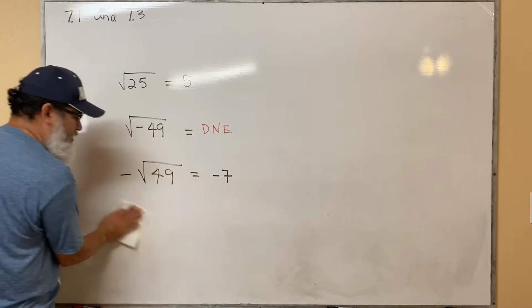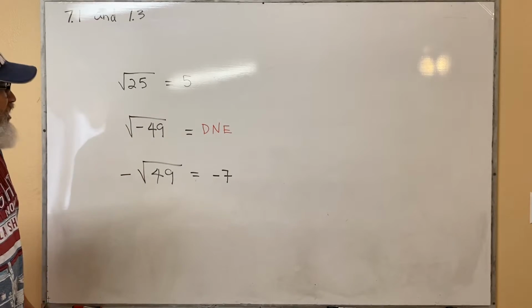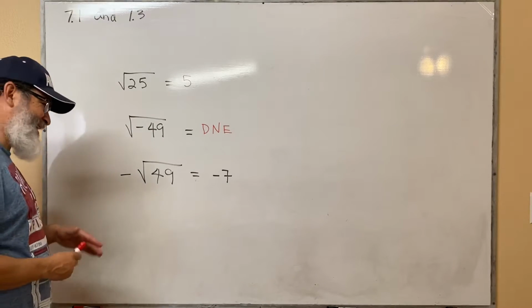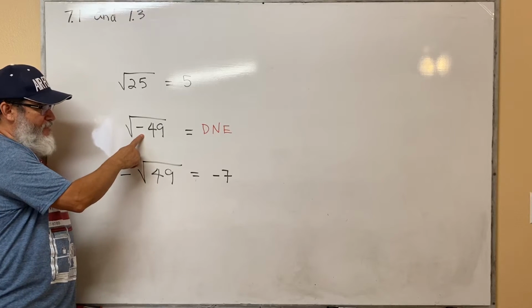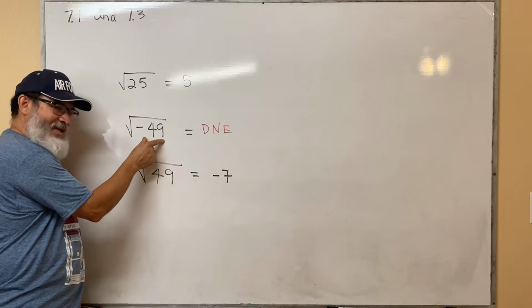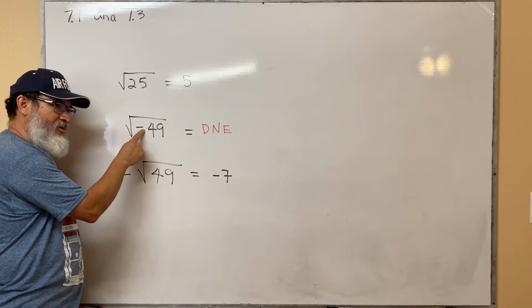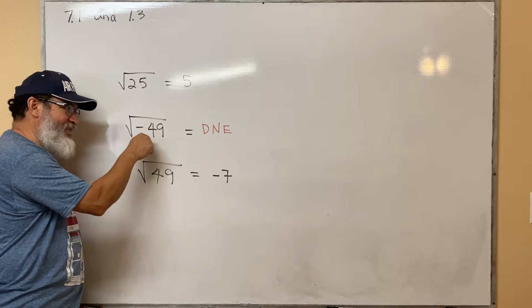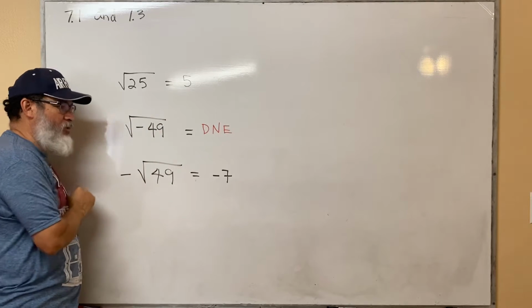So, okay, what did we learn from here? We just learned that when the radicand is negative, when the radicand is what's inside, under the radical. This is called the radical. The square root is the radical.